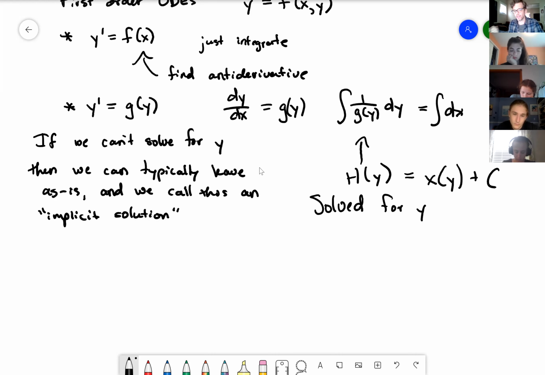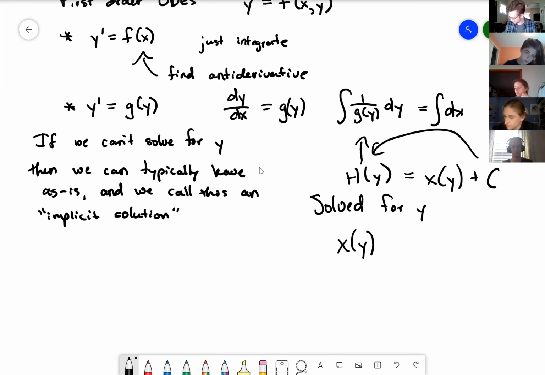So things that satisfy the x in terms of y that we get here. We'll move the c over to the other side. So we get some function x in terms of y, and we think of this as we've solved for y implicitly.